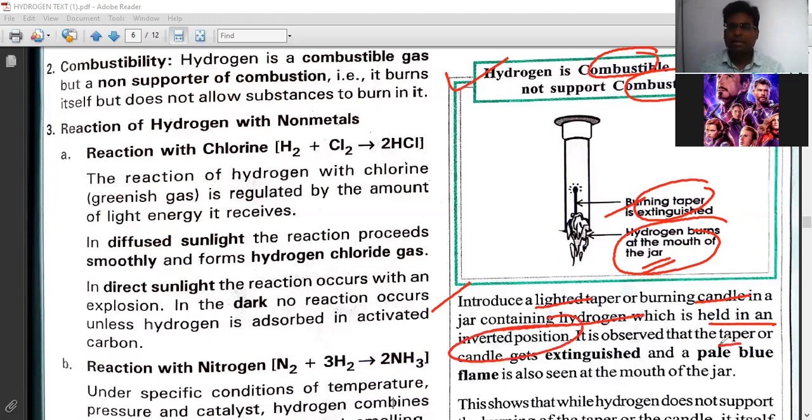It is observed that the taper or candle gets extinguished and a pale blue flame is also seen at the mouth of the jar. इसका मतलब है when we are covering a burning candle, that time candle will get turned off, but at the end of that point, we get the flame due to hydrogen gas. So this is the main point.